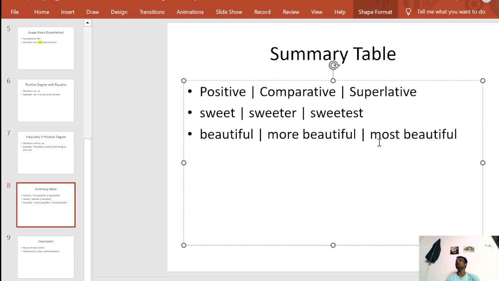When you say most beautiful, that is the only one among the whole group. We can compare one unique thing with the group in superlative degree, but in comparative degree only two things or people of equal quality will be compared.